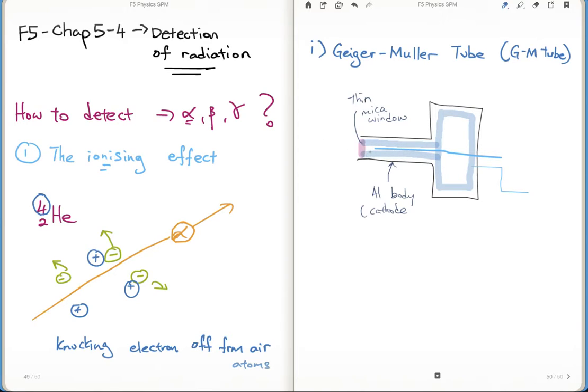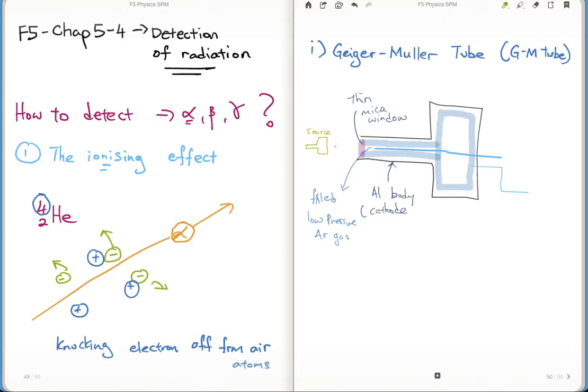Of course, this chamber is filled with low pressure argon gas. So what happened? You bring near a radioactive source.